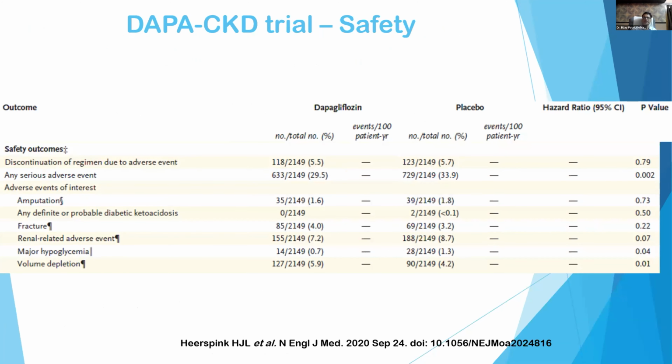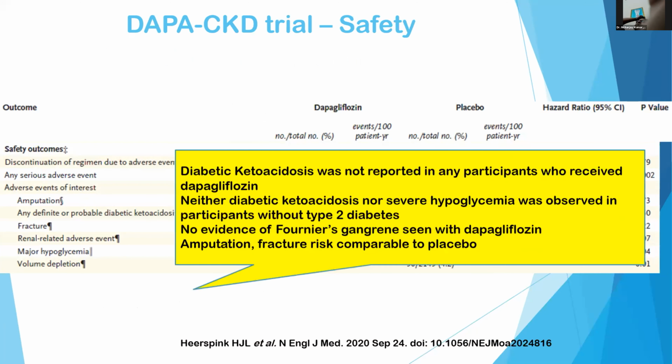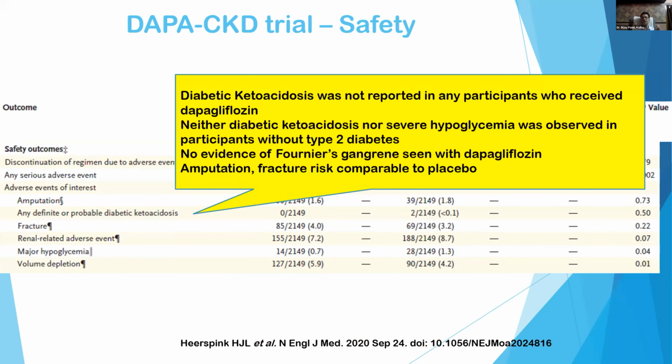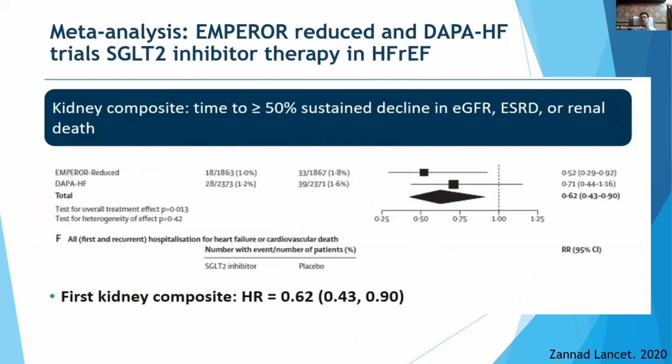As far as safety is concerned, DAPA-CKD has clearly shown that most of the adverse or safety outcome data which was there with the initial CVOTs were not of major concern when the DAPA-CKD study came out. And if you see EMPEROR-Reduced and DAPA-HF, the heart failure trials that the SGLT2 inhibitors underwent with dapagliflozin in heart failure with reduced ejection fraction, even there it showed a reduction in the kidney composite up to the tune of 38%.